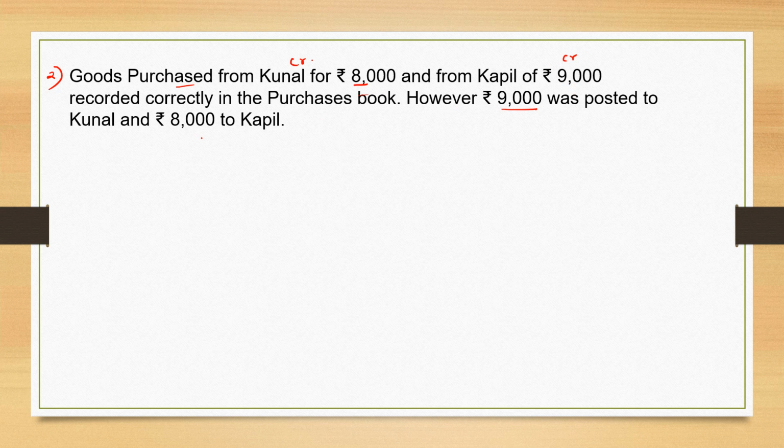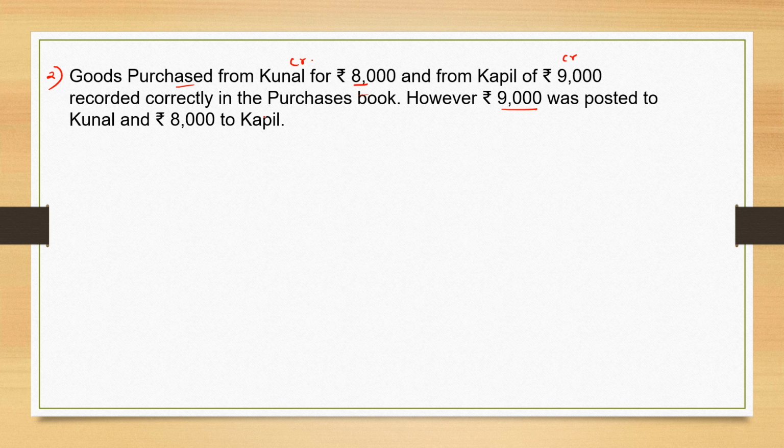Only 8,000. However, to the credit of the accounts, ultimately 9,000 plus 8,000, 17,000 has gone. So your books would tally. Your trial balance will tally. You will not have any problem with the tallying of trial balance because these errors are compensating each other. But however, there are errors which need to be rectified.